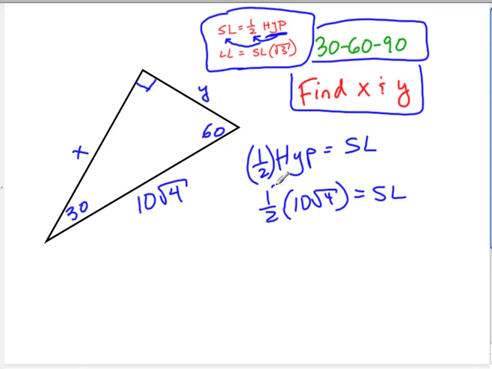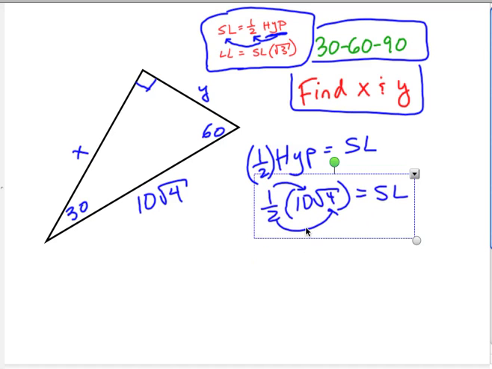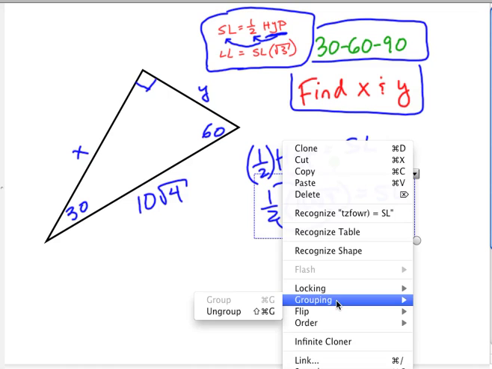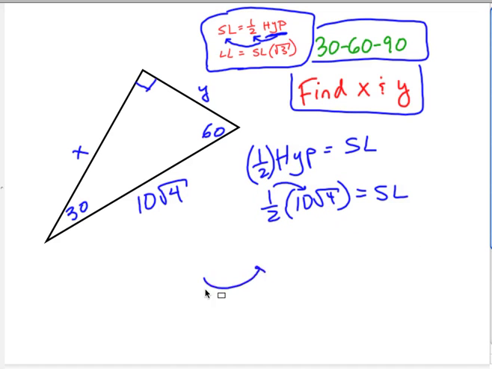Again, I do the half there, not there. So half of 10 is 5 times the square root of 4 equals the short leg. Okay, so that's 5 times the square root of 4.